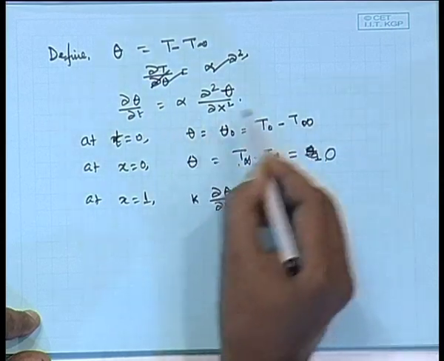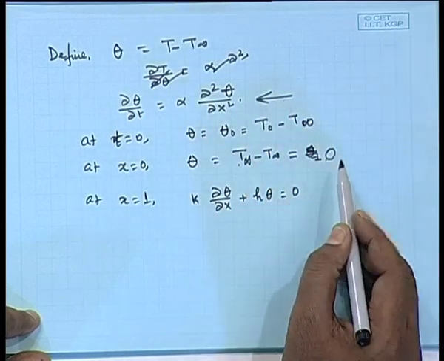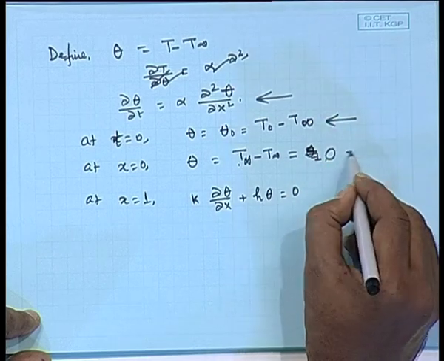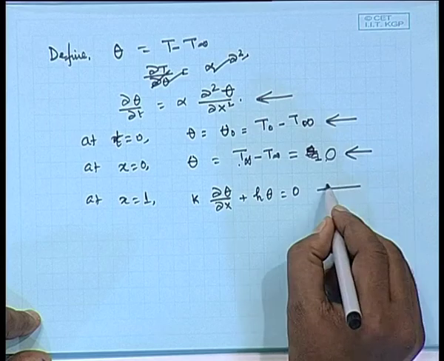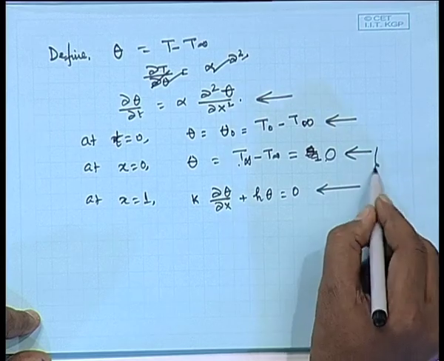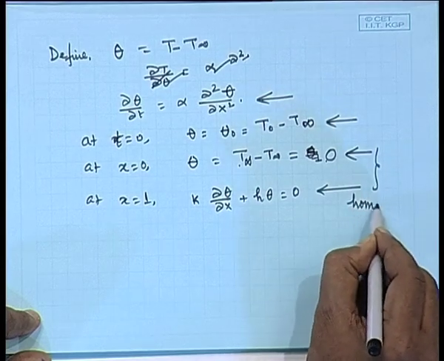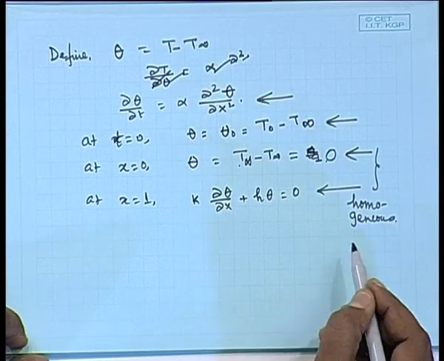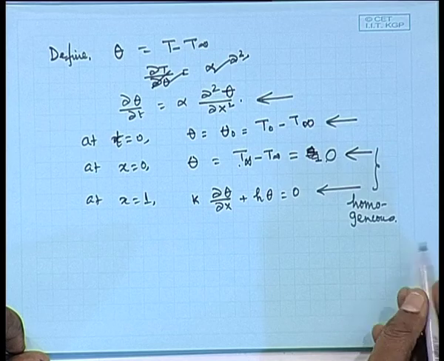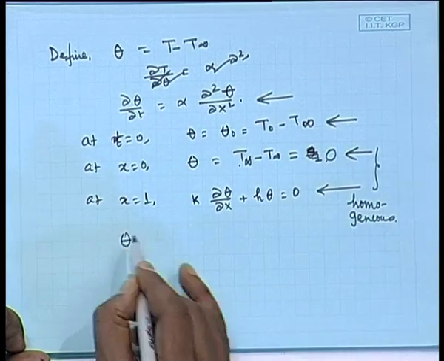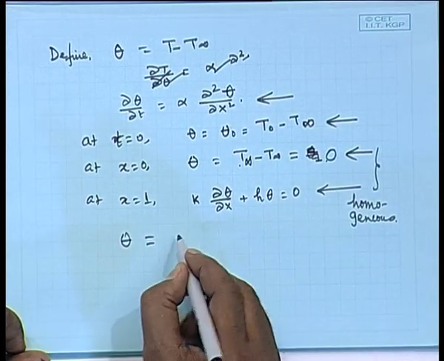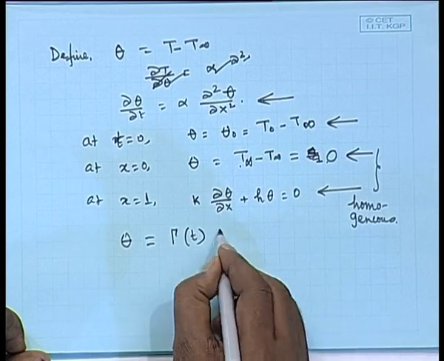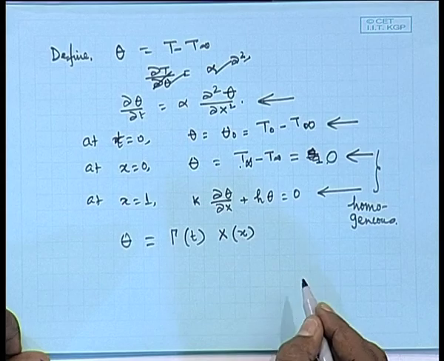Now, you will have a linear partial differential parabolic equation, non-zero initial condition, homogeneous boundary condition, and this is also homogeneous. So, you can go ahead with the standard eigenvalue separation of variables. That means your solution is constructed of 2 products, one time dependent, another space dependent.